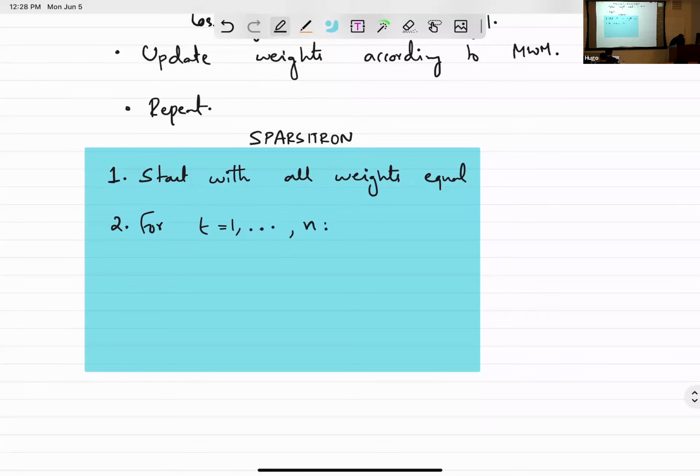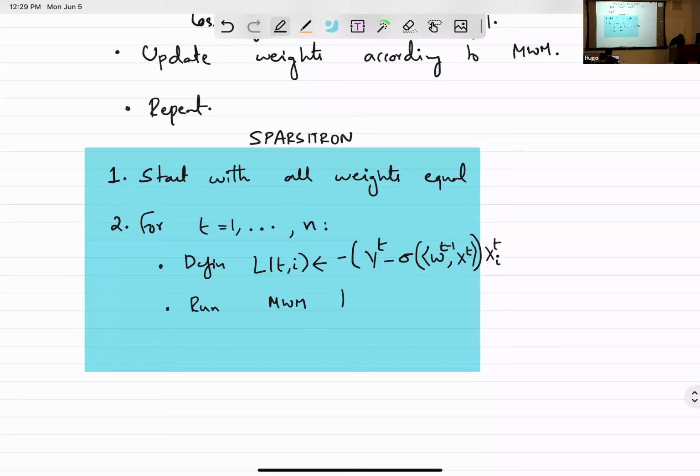And for each example, you define the loss as, okay, so you run multiplicative weights method to update the probability distribution on the experts.